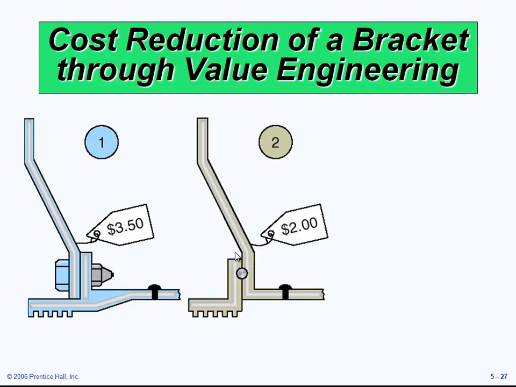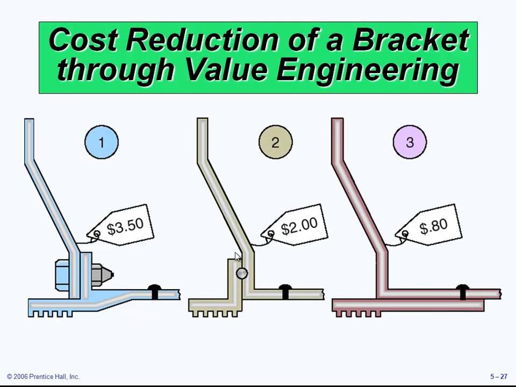For example, through value engineering, we can look at the design and see how we can produce the same product with lower cost. In this example, the bracket shown here, which was made from different material and was welded, the screws and bolts that were used in the first design are eliminated.